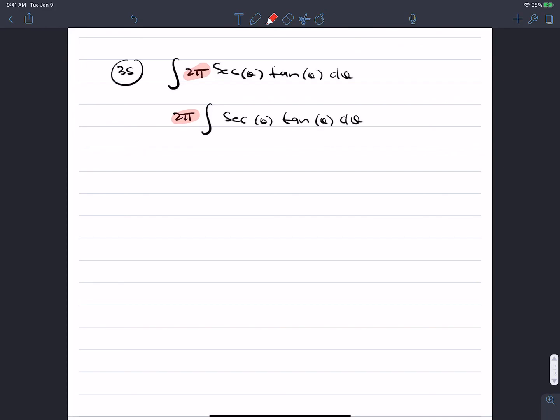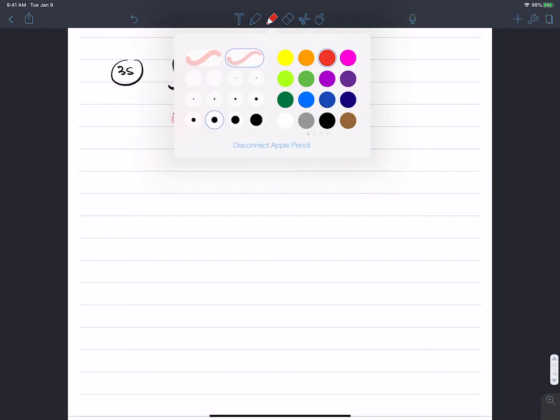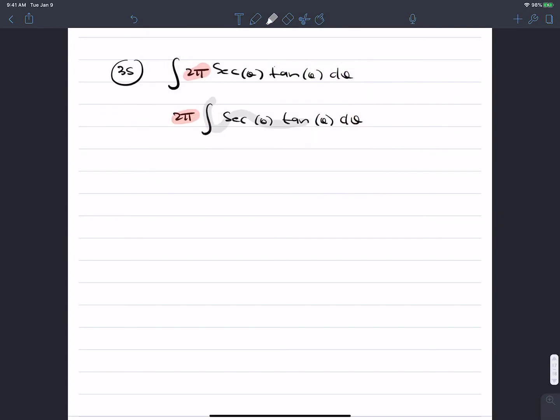We did use a property of integration, but you're not going to use a trig identity because you know already that if we differentiate secant, we get secant tangent. At this point, we have to integrate that secant tangent. Derivative of secant is secant tangent. So the antiderivative of secant tangent is actually secant.